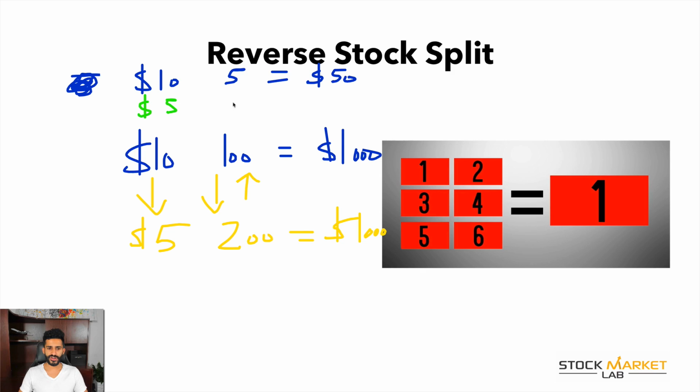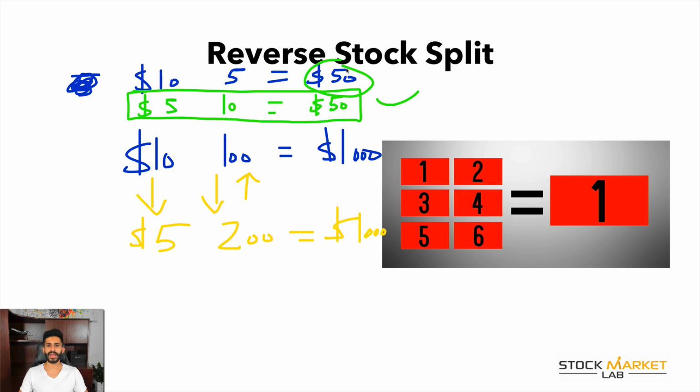So if you had 5 shares, you now have 10 shares, right? And the broker does this automatically. You now have 10 shares at $5. So at the end of the day, your valuation right here stays the same. So nothing really happens to you. It's just an idea of knowing what happens with reverse splits or stock splits.